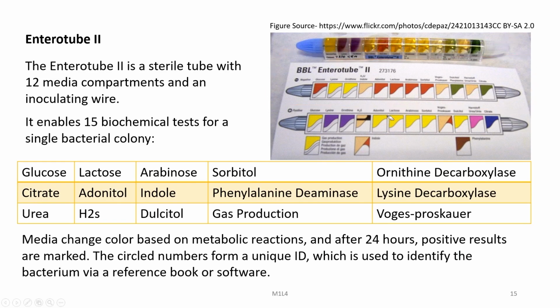So, we can always match these tubes with the color coding leaflet over there. The media would change color based on metabolic reactions, and after 24 hours positive results are marked. The circled numbers form a unique ID which is used to identify the bacterium by a reference book or software.